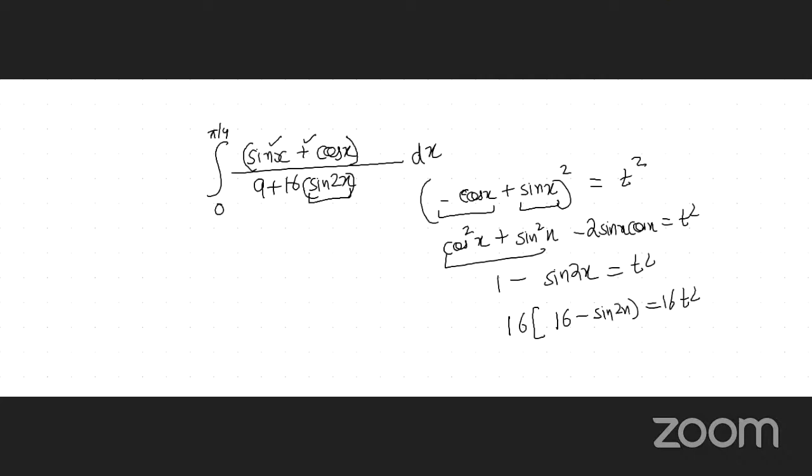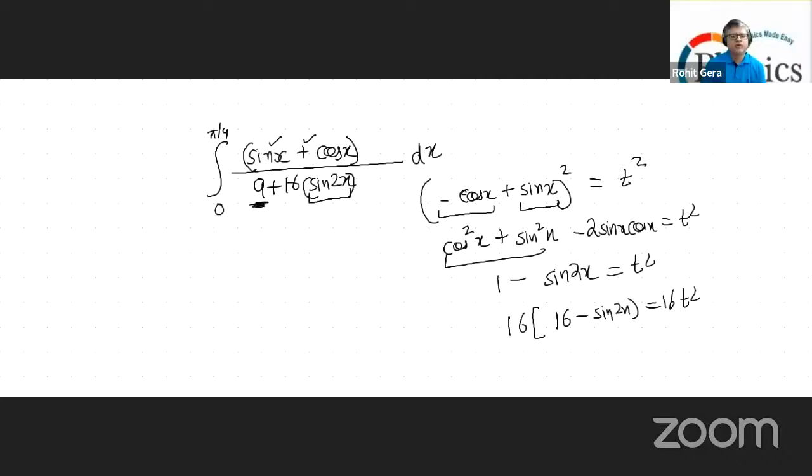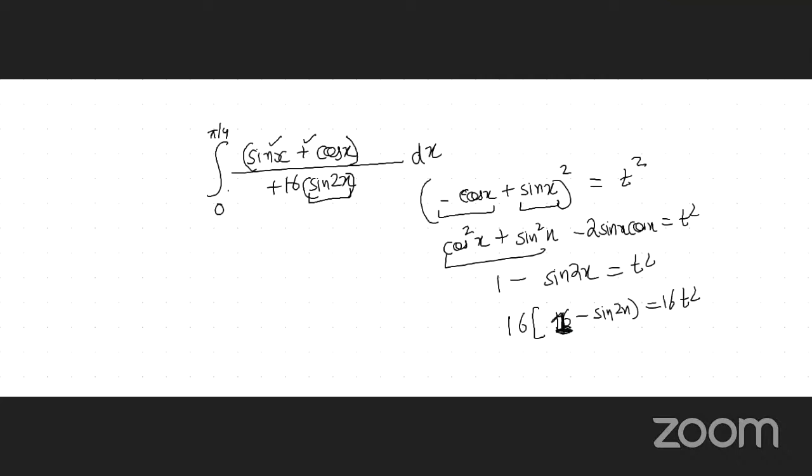So what you don't have is 16, sorry, this is 1. So what you can do is add and subtract 7 in the denominator. So this will become 16 and you can also subtract a 7.